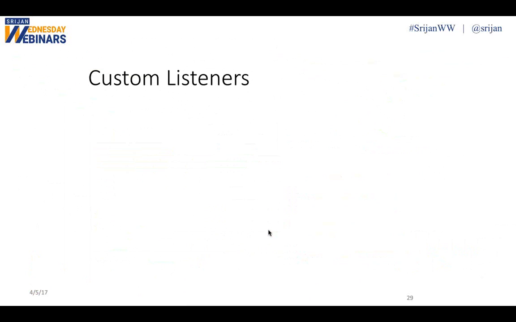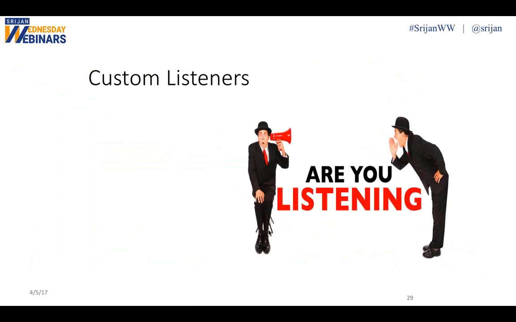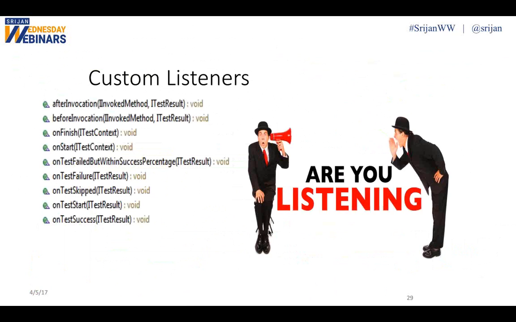You can also implement various custom listeners to handle unhandled exceptions which can occur in your test cases. There are a lot of good methods offered by various testing frameworks, for example TestNG or JUnit, whatever you are using, something like on test failure, on test skip, on test start, on test success, on finish, on start.